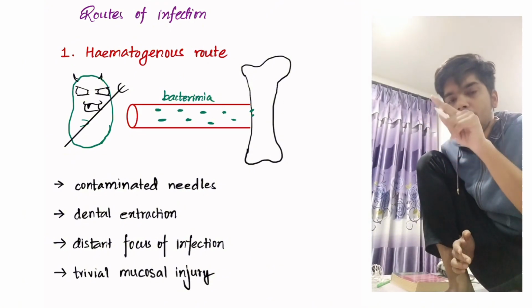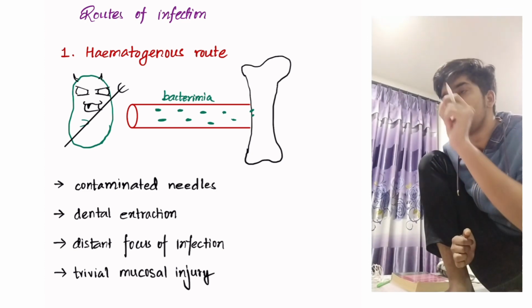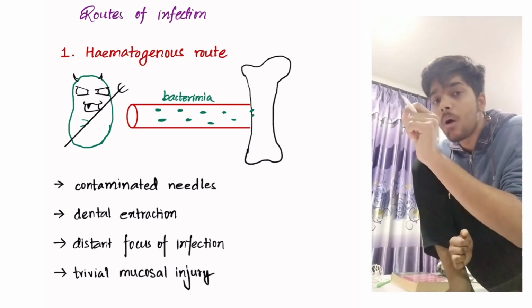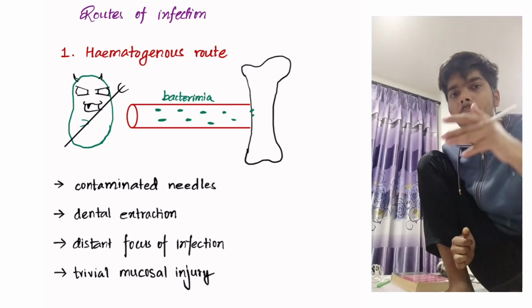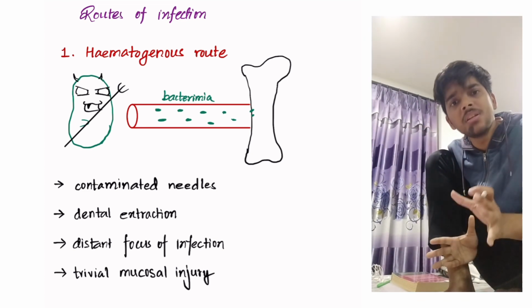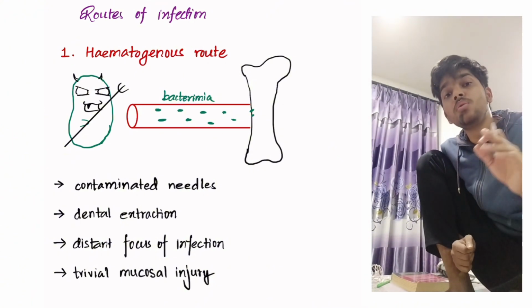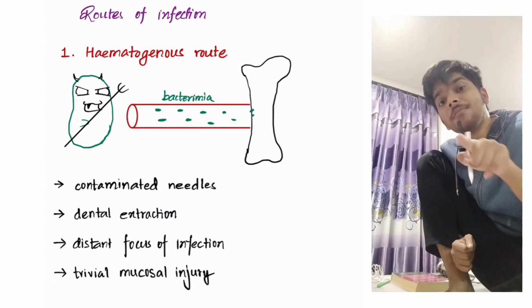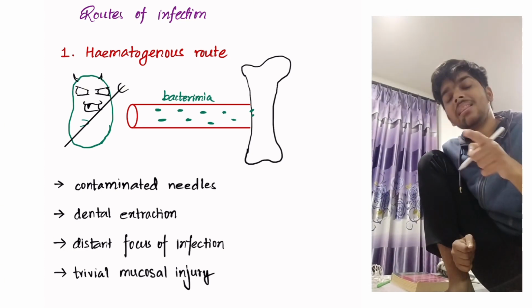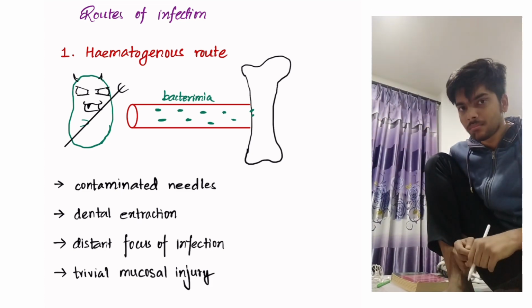From that point of infection, Mycobacterium tuberculosis can now enter your bloodstream. Once it enters your bloodstream, it can travel to various bones in your body. Let's say Mycobacterium tuberculosis travels to the bones of your foot. There it can cause the infection of the bone of your foot and then lead to osteomyelitis of the bone of the foot.